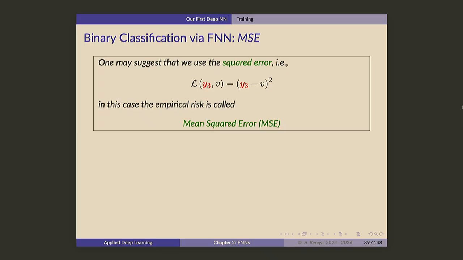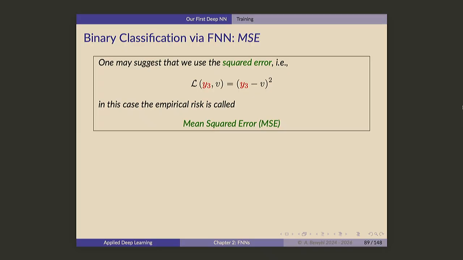If you use that, then you are basically computing the empirical risk, the mean squared error, MSE. You compute the squared error, and then you average it over the data. This is a good choice because you have a gradient.